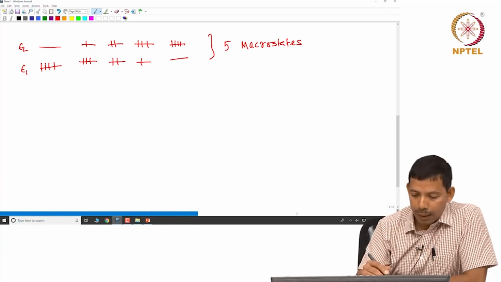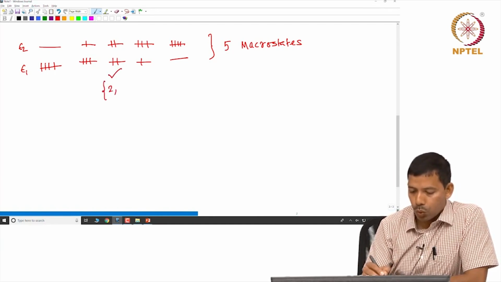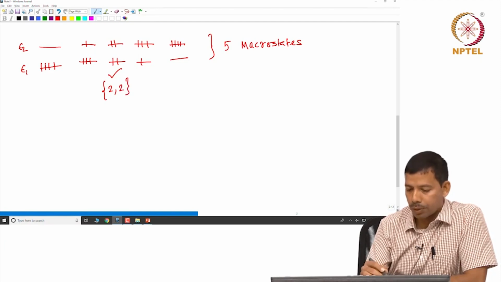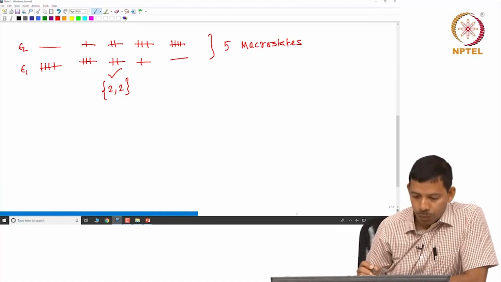Now let's look at this particular macrostate, which we name as 2,2, which means 2 particles are in the epsilon 1 state and 2 particles in the epsilon 2 state.